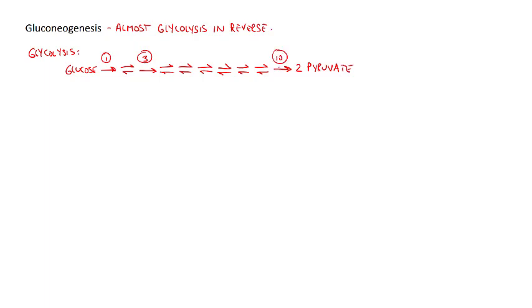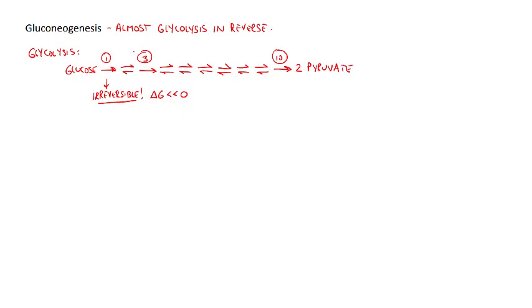All right. Now, those steps are irreversible. The reason they're irreversible is because the free energy change for those reactions is extremely negative, which means that if we were to reverse these reactions, the delta G would be extremely positive, okay? So that means gluconeogenesis cannot simply be glycolysis in reverse.